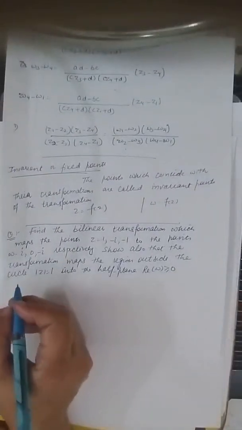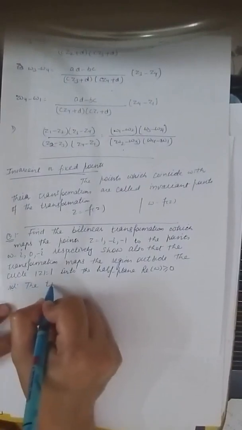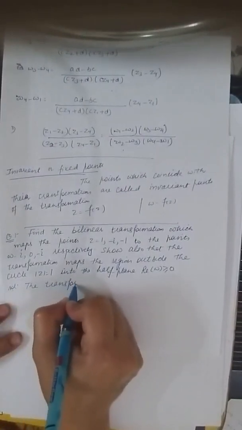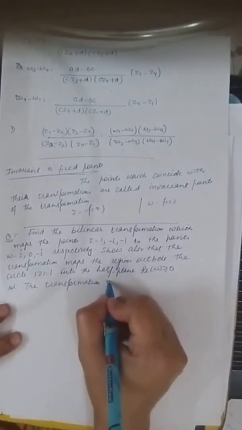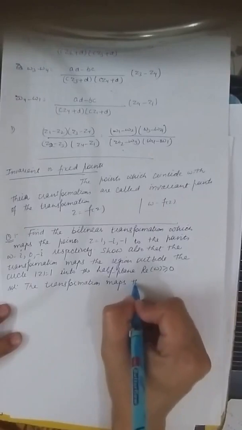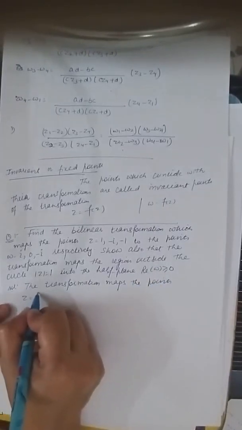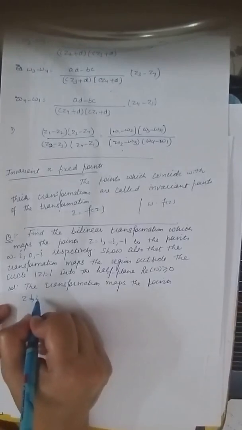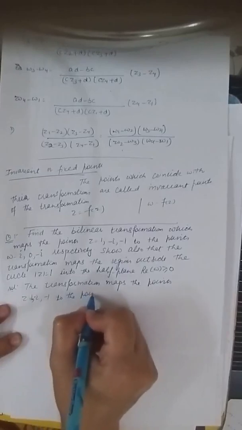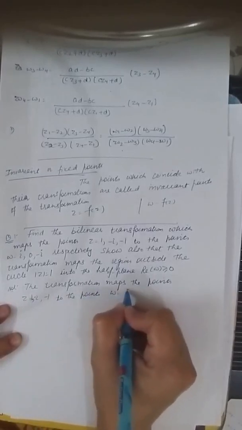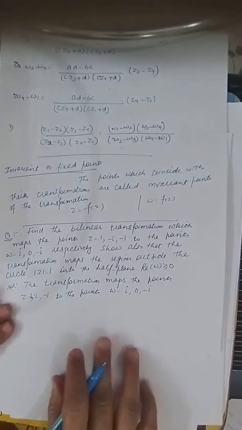Now here it is given that the transformation maps the points z equal to 1, minus iota, minus 1 to the points w equal to iota, 0, minus iota. Now I will find the cross ratio of these.